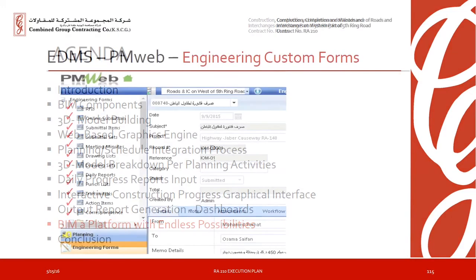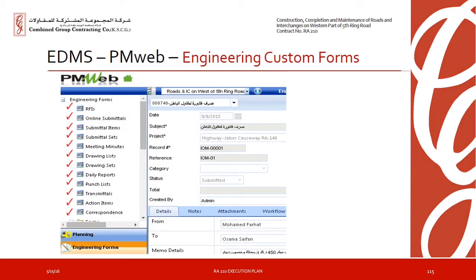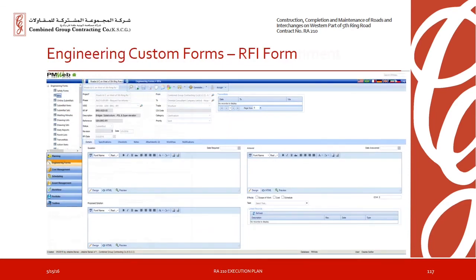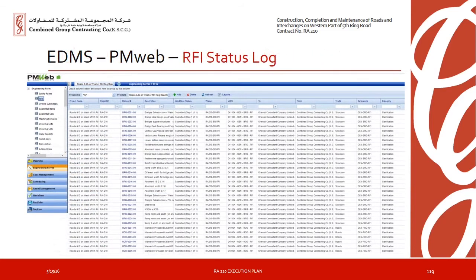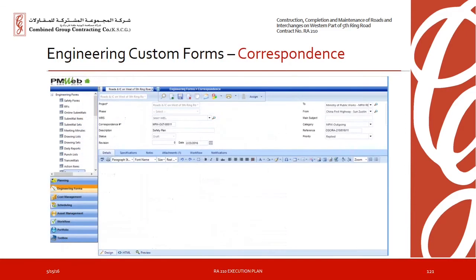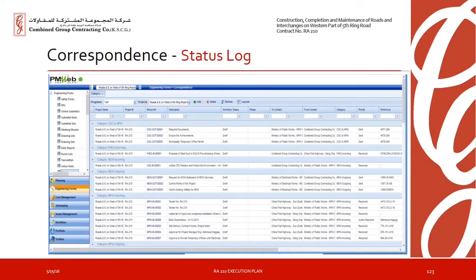So once we have figured out the connectivity between the graphical presentation and the database, then the possibilities are endless. You'll be able to create and attach a pin or an icon on the graphical presentation to pull out any kind of data or information from the database. That could be the checklists, which are inspection lists, or it could be the RFIs, request for information, or drawing, or shop drawing, or drawing status, or any correspondence regarding that particular element.